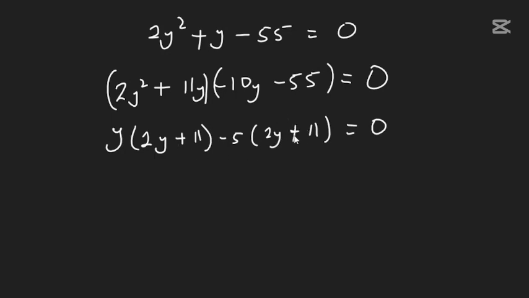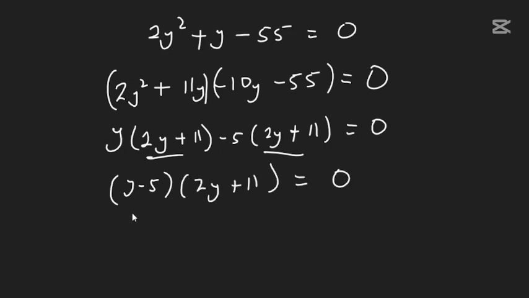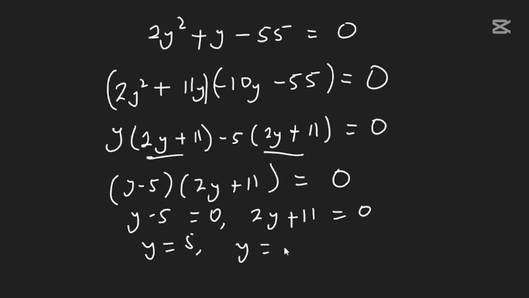So we can see that this is a repeated factor. So we have y minus 5 and then 2y plus 11 is equal to 0. So therefore y minus 5 equal to 0 and then 2y plus 11 equal to 0. So therefore y is equal to 5 and y is equal to negative 11 over 2.